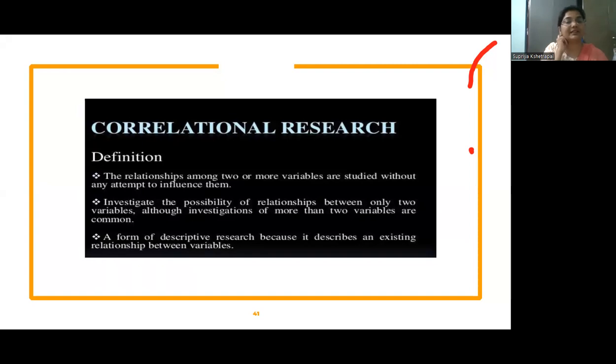So it investigates the possibility of a relationship between two variables, although the investigation of more than two variables is common. Okay, it is a form of descriptive research because it describes an existing relationship between the variables. So ये descriptive research से ही related है.